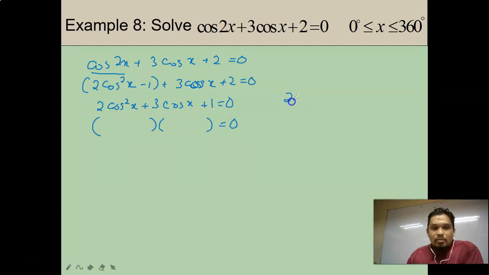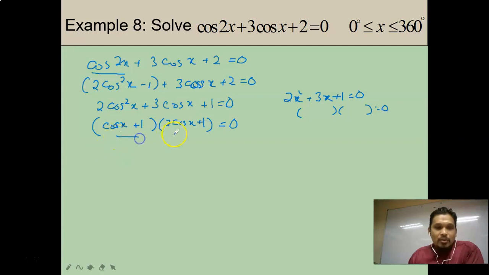It's just like 2x squared plus 3x plus 1 equal to 0. Then factorize, which I think you know the process of. I just recalled something similar to implement this operation in these questions. So now it is cos x plus 1 and 2 cos x plus 1.